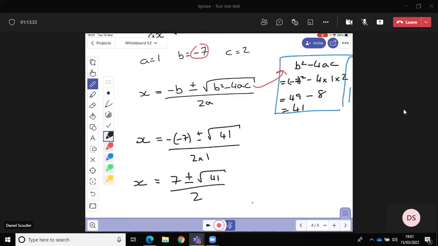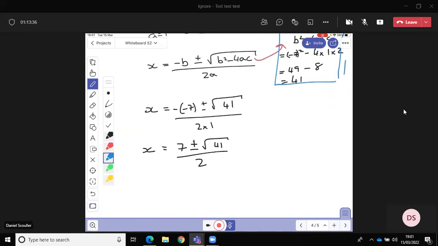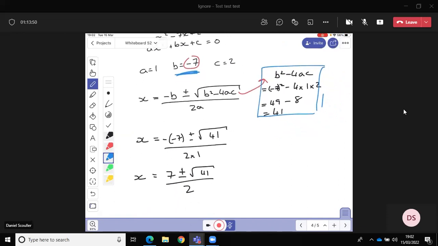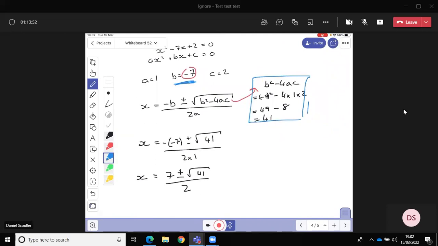Over 2. Okay, so be very careful there. So remember, this bit is negative b. So if it's negative, it becomes a positive. Okay, so just be very, very careful. That's why we do this stage, just so you're really clear what you're putting in there. That's a really, really common mistake.